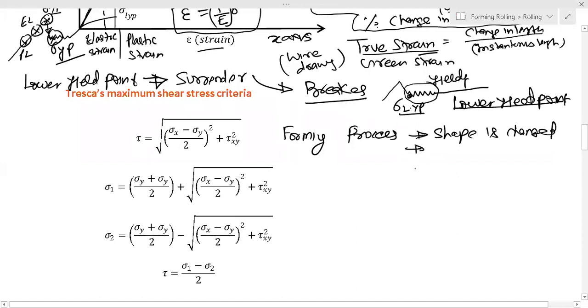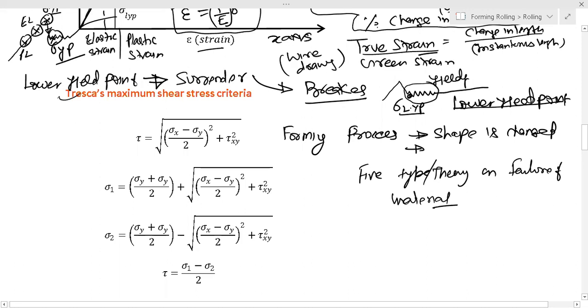5 types of theory of failure of a material. But here I am going to discuss only 2 main. You know, in strength of material, you have to study again. So first is your principal stress theory, I will write all 5.